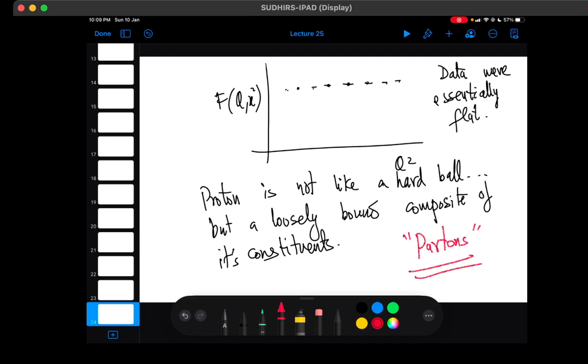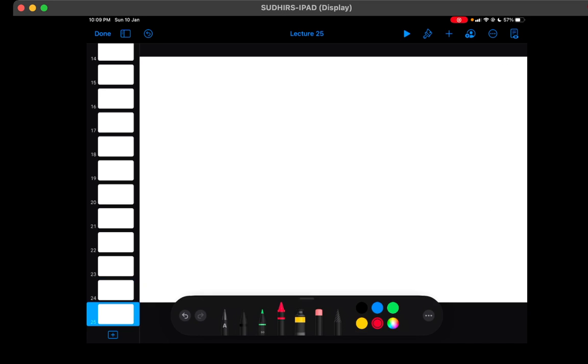So each parton has its own structure function. Anyway, we'll see that. The second important piece of information was that there is a relation between F1 and F2: 2x F1(x) equals F2(x), which was also verified by the experiments.